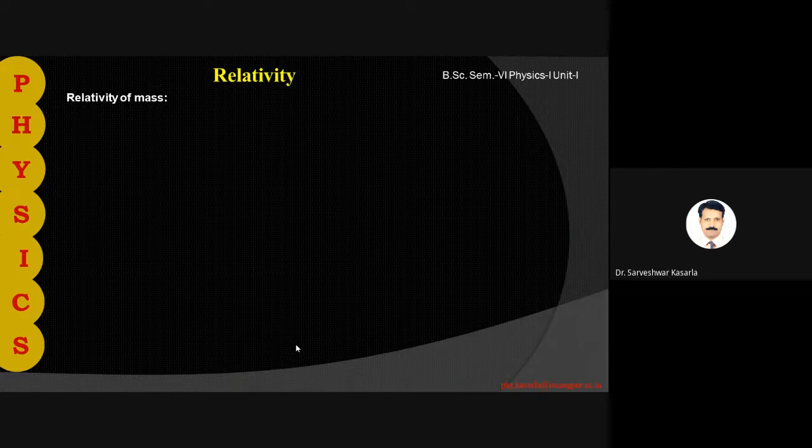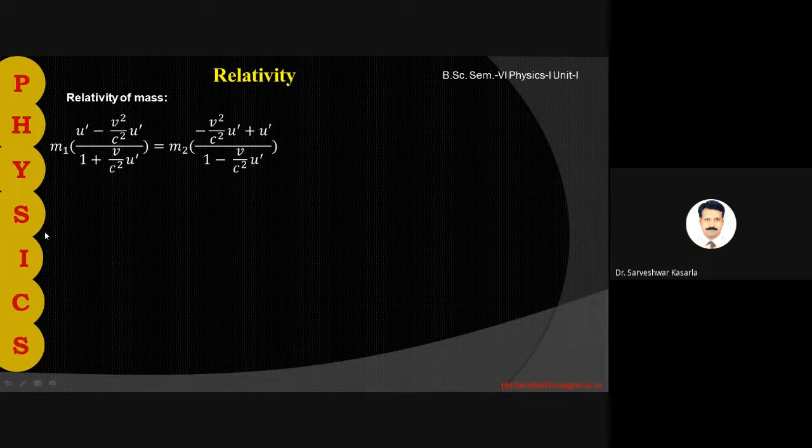Here we have m1 and m2 common, and if you solve the bracket you will get the expression like this. On the left hand side the denominator is 1 plus v upon c square into u dash, and on the right hand side the denominator will be 1 minus v upon c square into u dash.